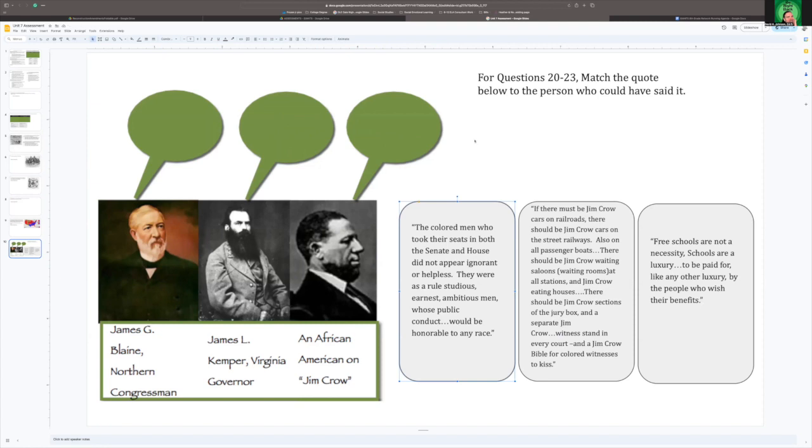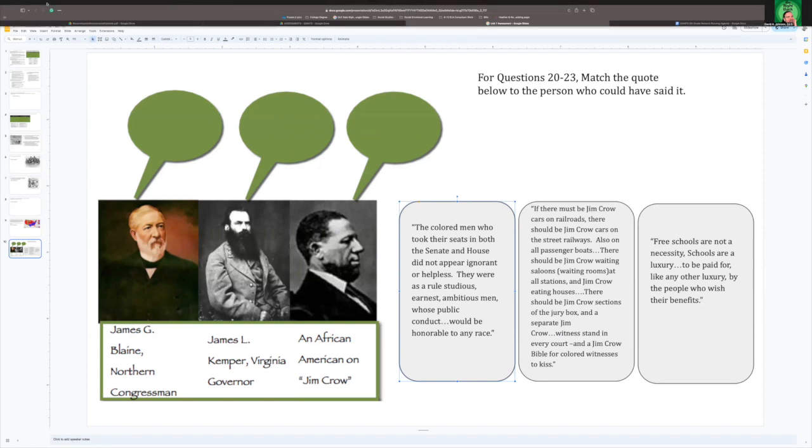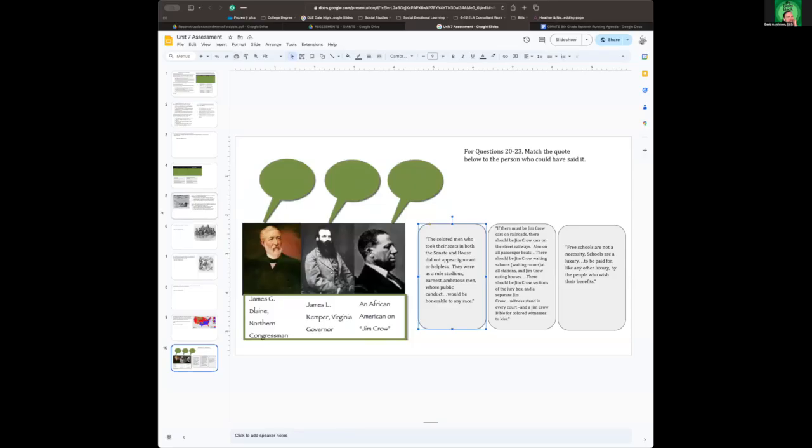The thought bubble is too big or too small for all of them, but it's totally fine. You're going to see them in the correct order, ideally, when kids get those. So the Unit 7 assessment follows suit with all of the others. It's a pretty in-depth dive into the major concepts from this particular unit.